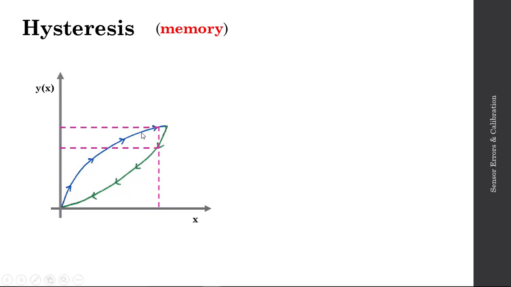So in this sense, I could be here and move up a little bit, landing at this value of y of x for the same x, or I could be here and move down a little bit, arriving at a different y of x for the same input x. So we have two different outputs, and I'll call those y low, yl for short, and y high, or yh for short. And they're both based on the same x input. So this then is my hysteresis error.